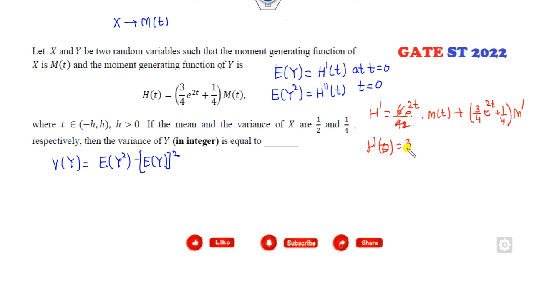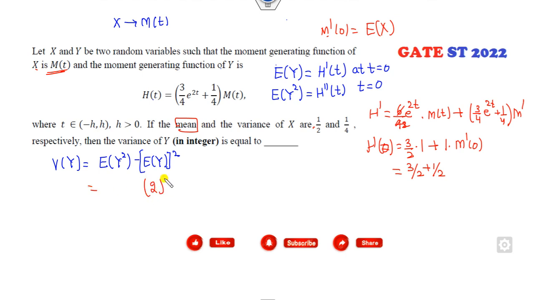It will be 3 over 2, m of 0 will be 1, and then m dash of 0. What is m dash 0? M dash 0 is nothing but the expected value of x, because m is the moment generating function of x, and the mean is given to you as 1 by 2. So it is 3 over 2 plus 1 over 2, so that value will be 2.